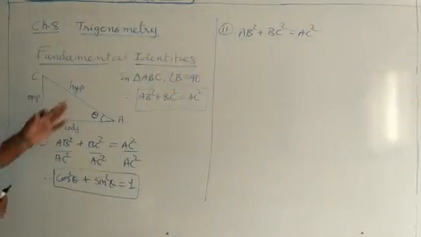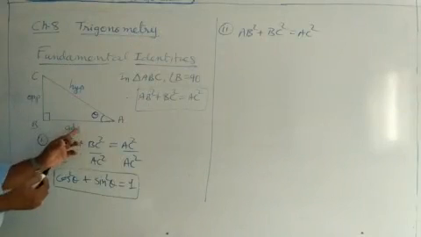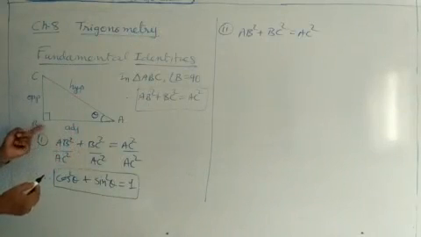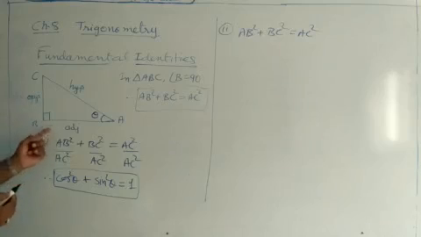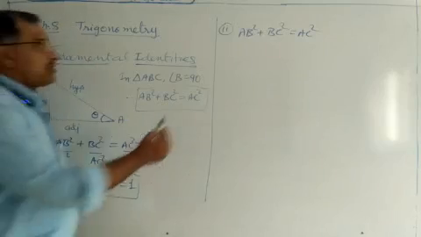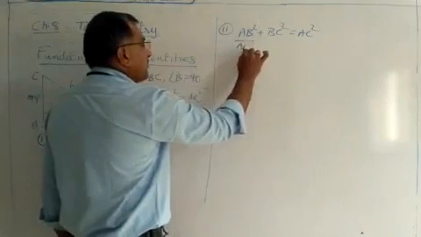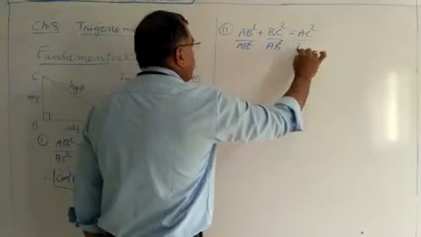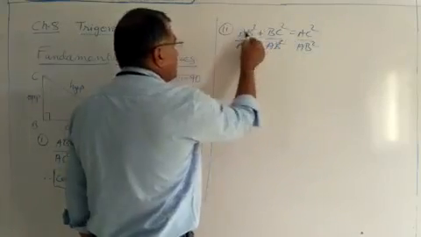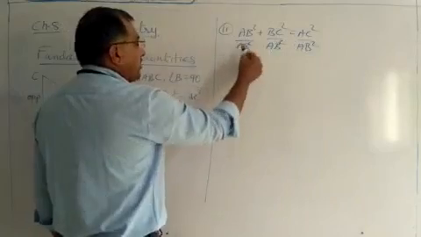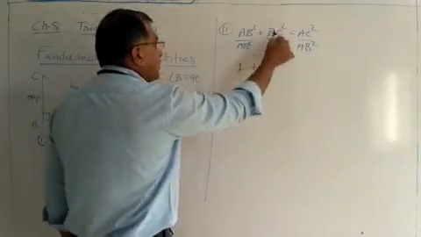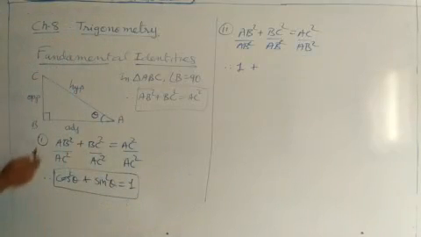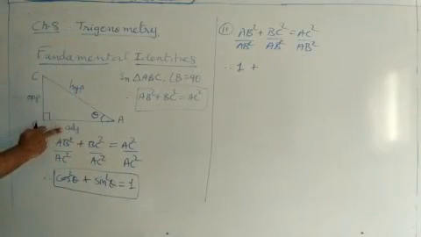Now, dividing all the terms by AB square, adjacent side, we get AB square upon AB square is equal to 1. Then BC square upon AB square. So BC is opposite side and AB is adjacent side. So opposite side upon adjacent side, that is tan theta.